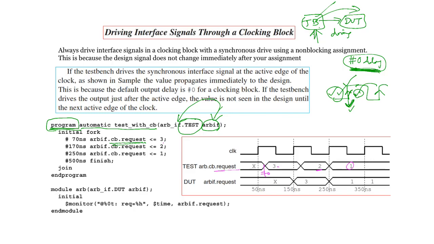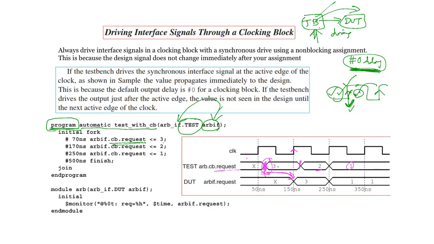Now observe, the first request value is going to change at 70. This is not at a clock edge, so the value is changing after the clock edge, so it won't appear at the DUT; it will appear at the next clock edge. So on the next clock edge this appears, and at this edge does anything change?